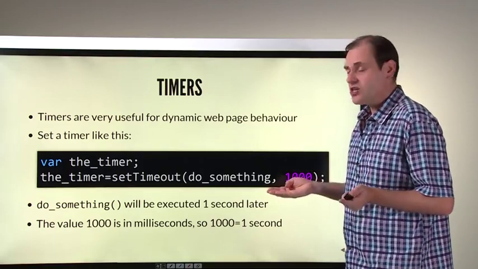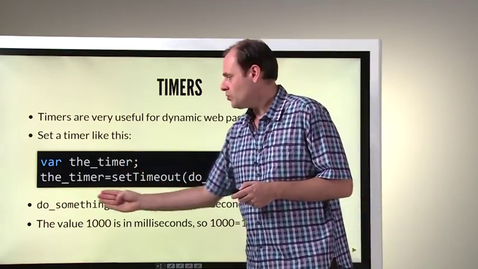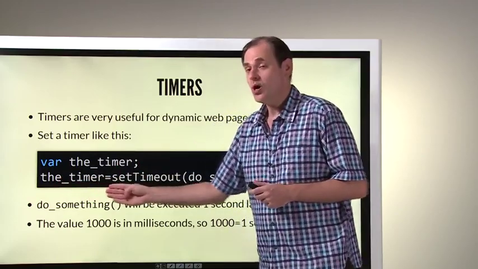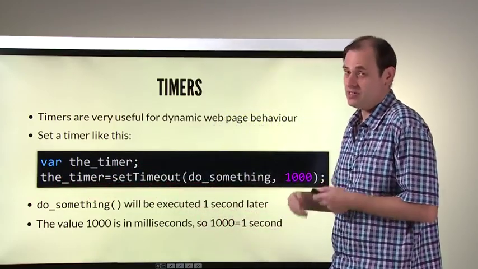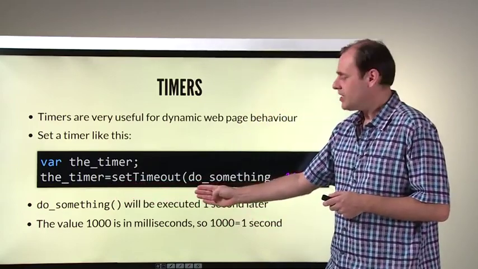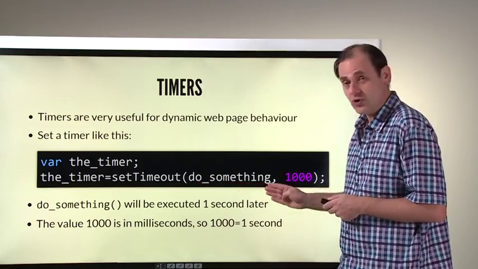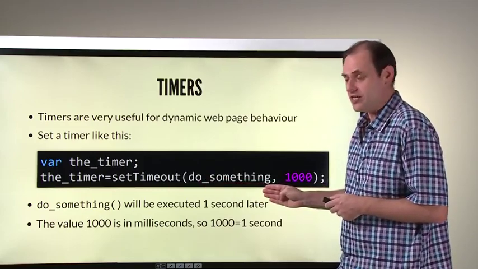So how do we construct a timer in JavaScript? We make a variable and then we use the variable to point to a timer. All right, we just set up a timer and then that timer is going to run some JavaScript code, such as a function, a little bit later.